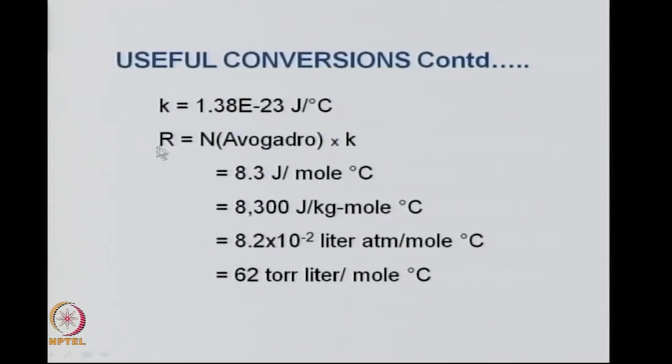You need to be careful what to take the value of R. The value of R can be 8.3 or 62 depending on what units you are taking, and so these conversions are useful in doing some calculations with respect to pressure, volume, and basically using the ideal gas law to understand the gas flows, etc.